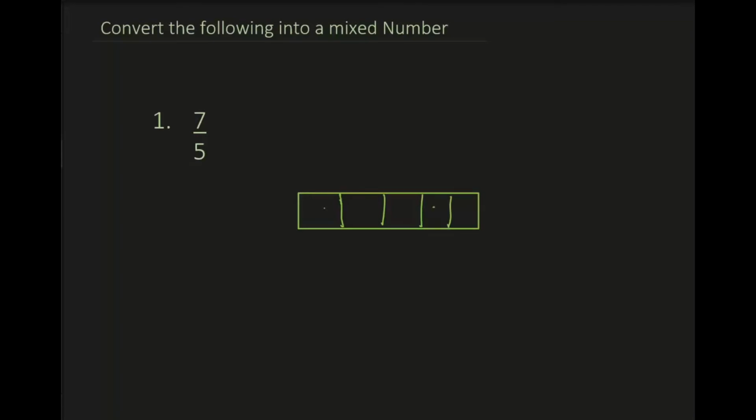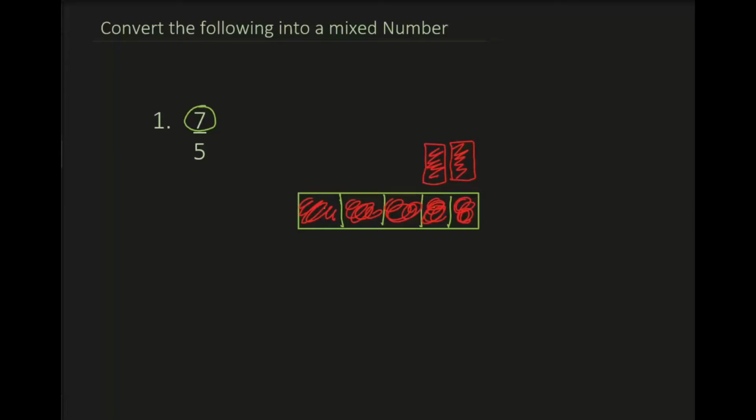Now let's shade 7 of them. So we have 1, 2, 3, 4, and 5, but we only shaded 5. So what we are going to do now is draw 2 more on top of this and then shade those, 1 and 2.